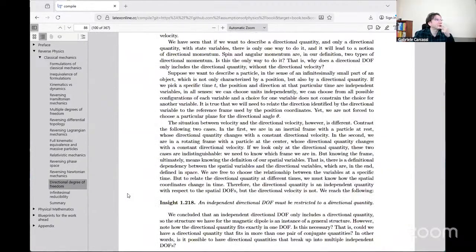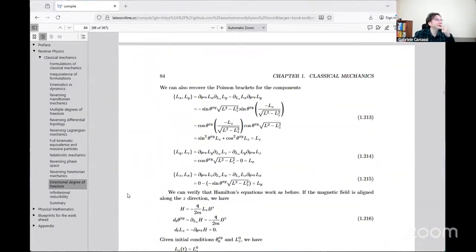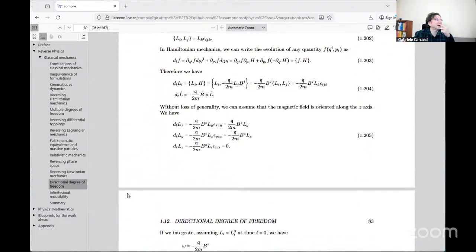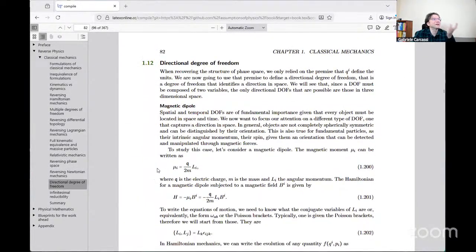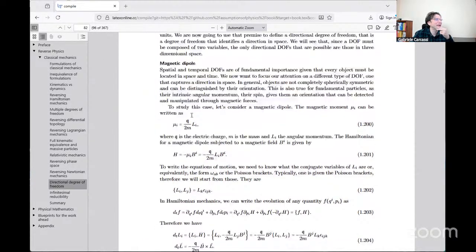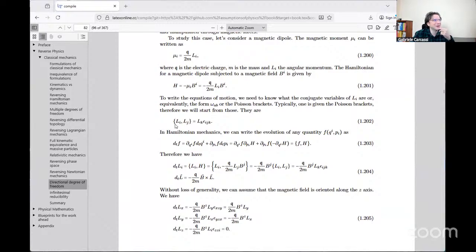Okay, so let me go through the whole argument from start to finish. First, we just look at how things are, from the physics, because we're doing reverse physics. So we look at how spatial direction works. We get the example for the magnetic dipole, and we basically see that you have a direction, and just the direction forms a set of variables on which you can write a Hamiltonian and do Hamiltonian mechanics, all of that.